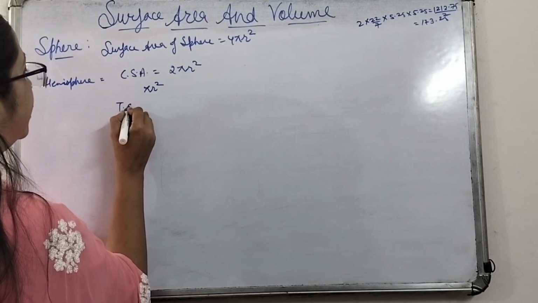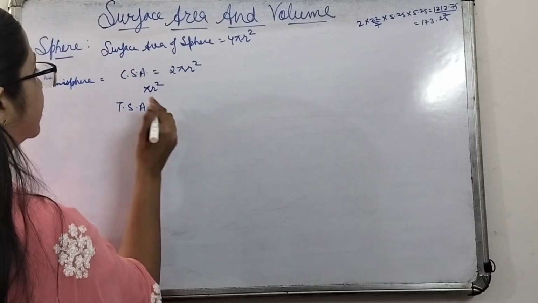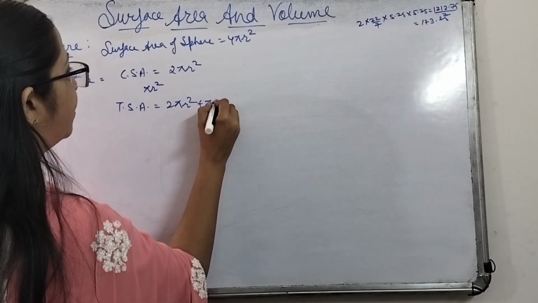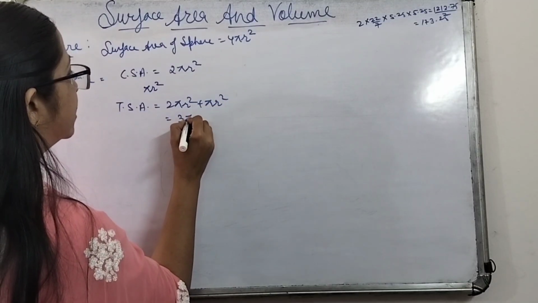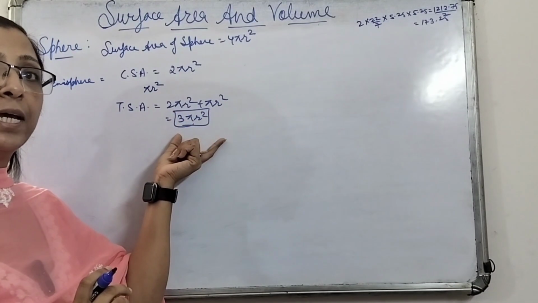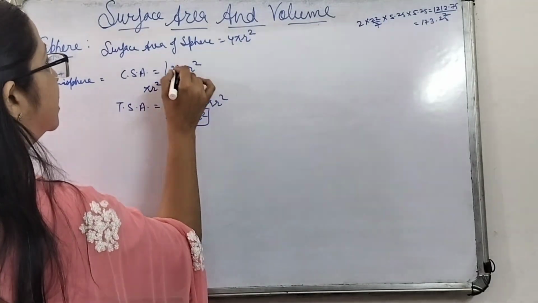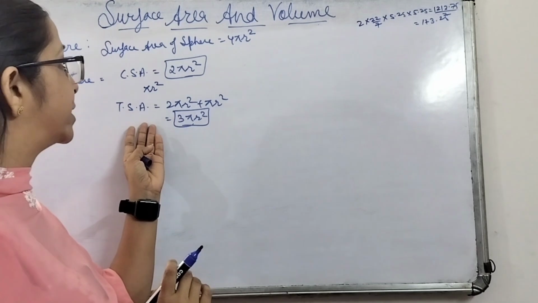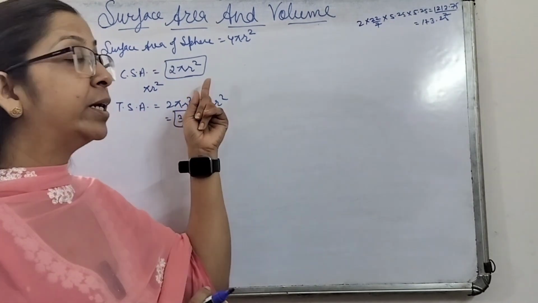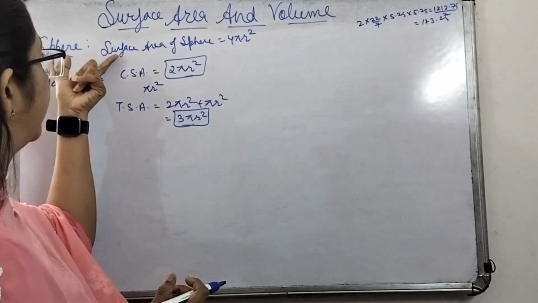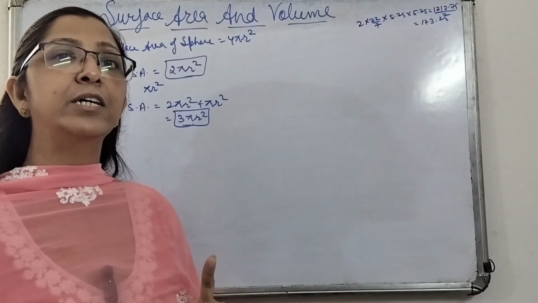So we can say total surface area for the hemisphere will be 2 pi r square plus pi r square, that is 3 pi r square. This will be the total surface area of the hemisphere and this will be the curved surface area of the hemisphere. Because hemisphere is having both the faces, one curved surface and one flat surface. But in the case of a sphere, we were having only one curved surface.